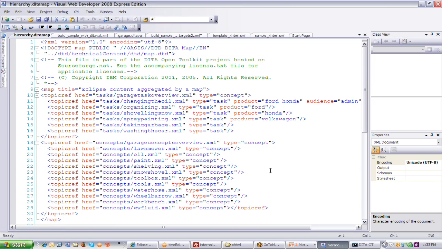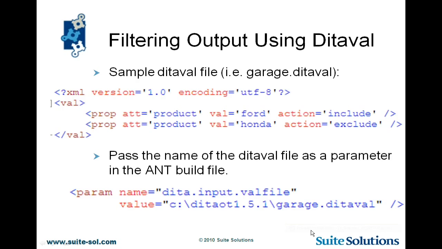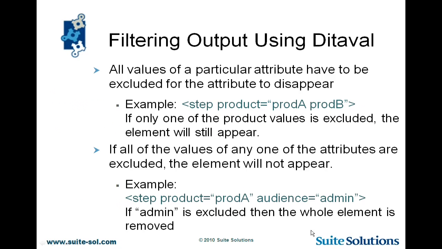Now just to talk about some details about how this worked, you'll see that changing the oil is Ford and Honda and admin. So what happens when the DITA OT gets different instructions, that part of this should be excluded and part of it should be included. So that's this next slide over here. It says if you want, let's say, a topic ref or an element to disappear, that means that all values for a particular attribute have to be excluded.